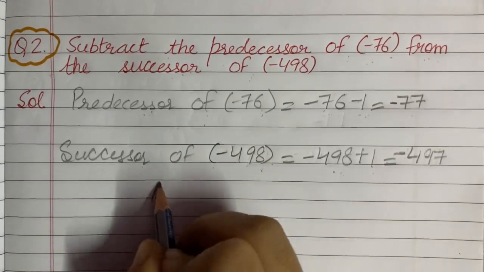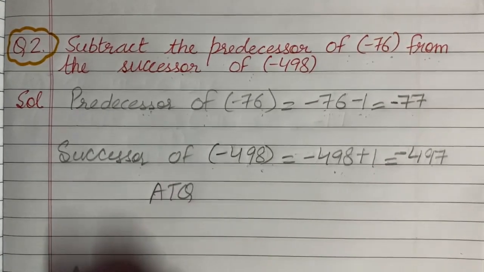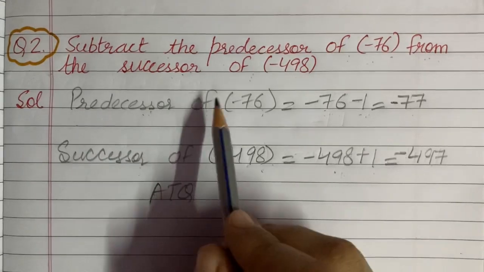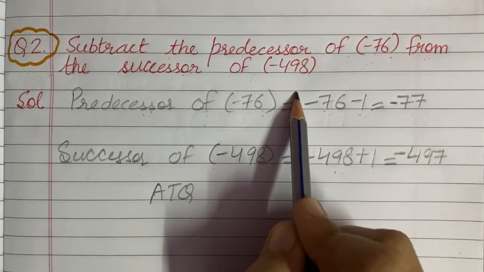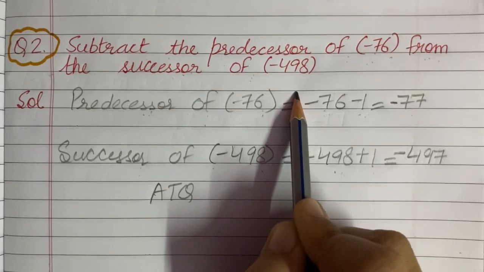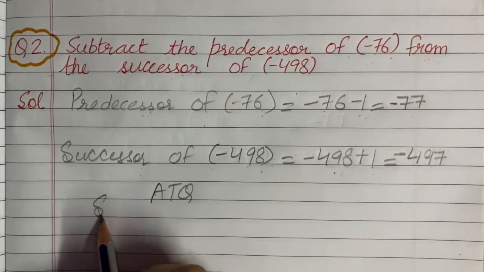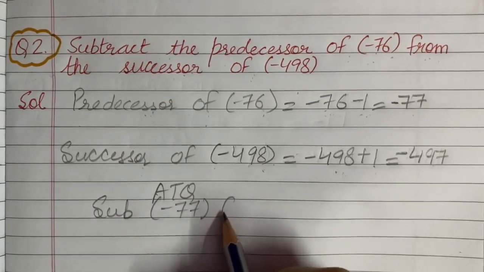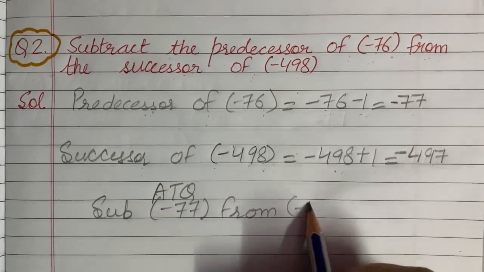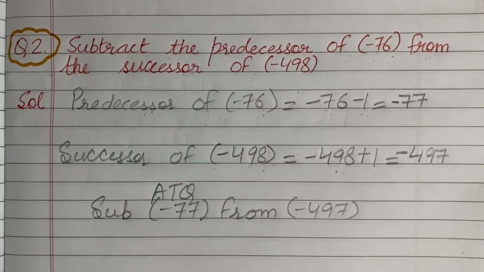Now according to question, what you have to do? You have to subtract the predecessor of minus 76 from the successor of minus 498. That means you have to subtract minus 77 from minus 497.